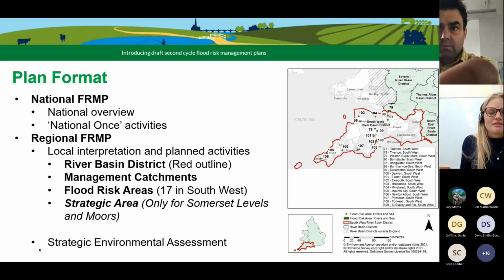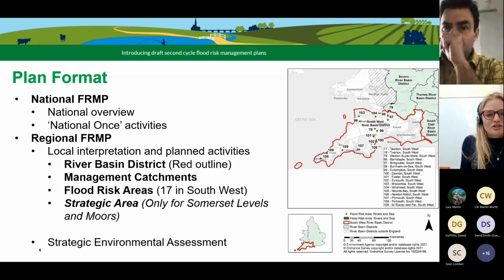So we have more detailed measures in there, and we've worked with Plymouth City Council to develop those measures. And then finally, the strategic areas, we've got one in Somerset, Levels and Moors. That's quite far away from the Tamar. And then finally, we've got a strategic environmental assessment, which comes along with the flood risk management plan.